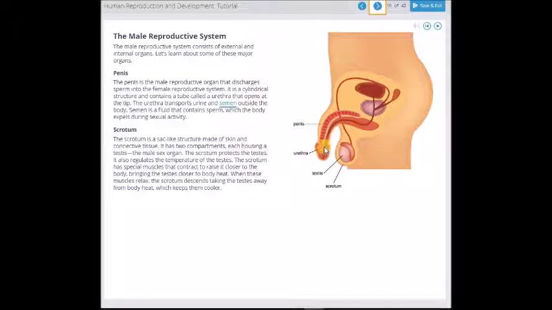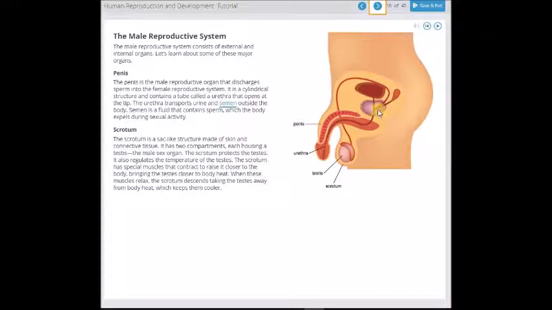Okay, but the penis has a tube going through it called the urethra, and that serves two functions, and it splits right there. Function number one is to eliminate urine from the bladder, but function number two is to deliver a fluid called semen, which contains fluids that are lubricating and nutritional, plus it also contains sperm, and that of course is ejaculated out by a muscle right there called the epididymis, I think.